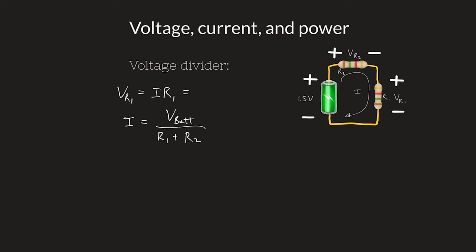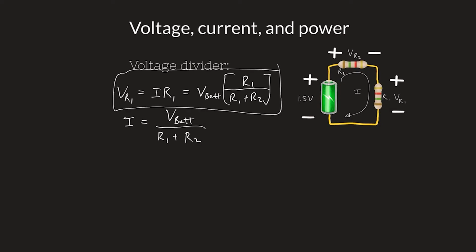So then if I plug I in up here, I have V bat over R1 plus R2, and then we still have the R1. So this equation here is called the voltage divider.